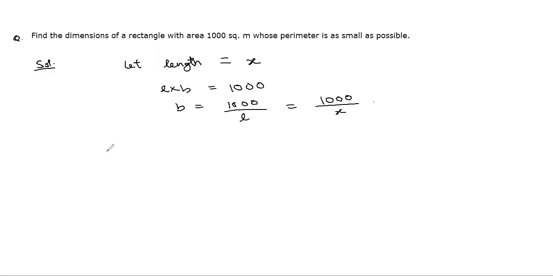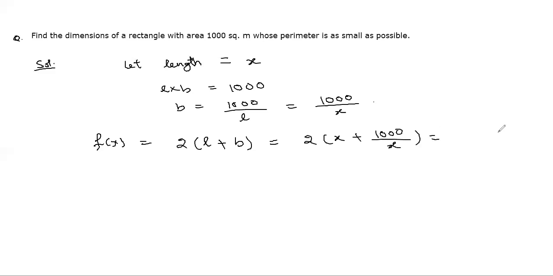Now I have to find the perimeter. Assuming that the perimeter is a function f(x), and the perimeter of a rectangle is twice its length plus breadth, so 2 times x plus 1000 over x. I can rewrite it as 2x plus 2000 over x.